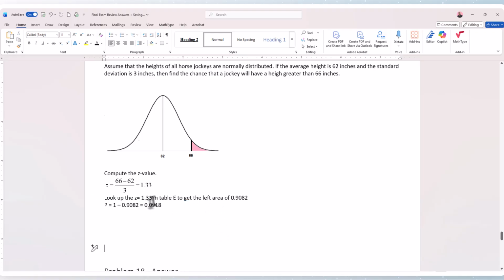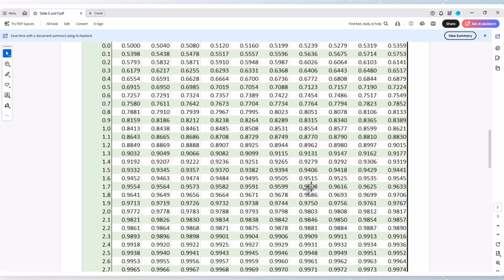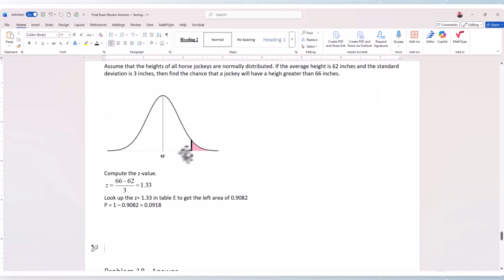When we look up the z value in our table, we always get the left area. So 1.33 is 0.9082. That's going to be this left area. We want the right area, so we take 1 minus 0.9082 to get 0.0918.